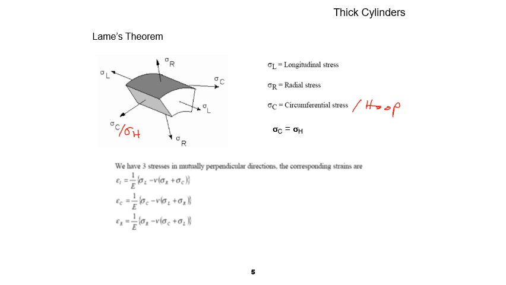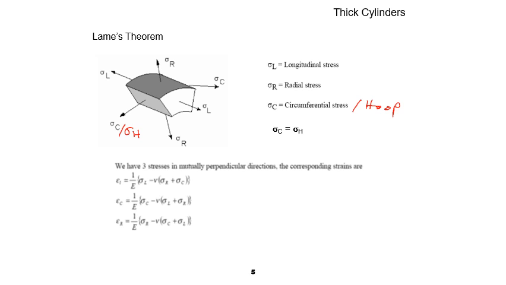So we have three stresses which are mutually perpendicular to each other when the angle is very small and the stress element is very small. Now sigma C is almost perpendicular to each of the other stresses.